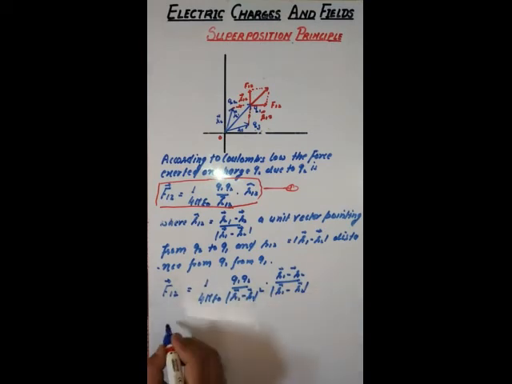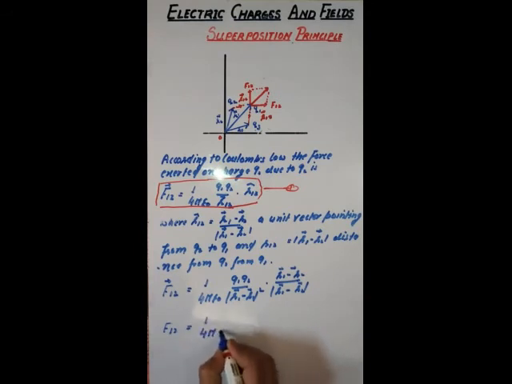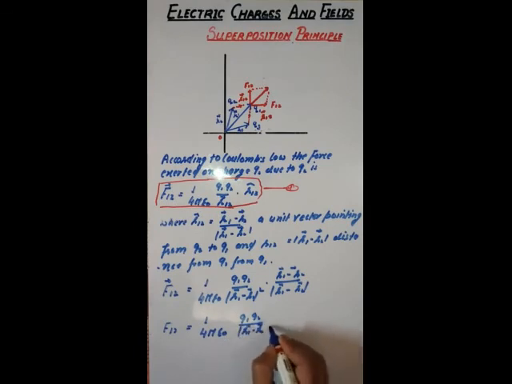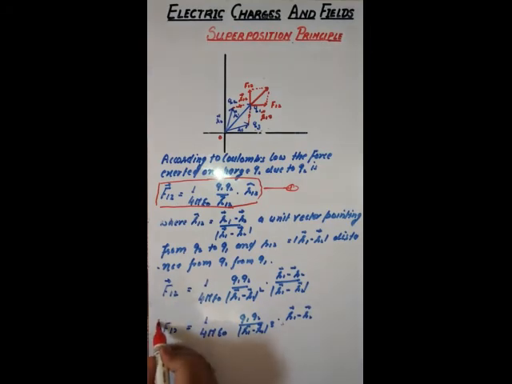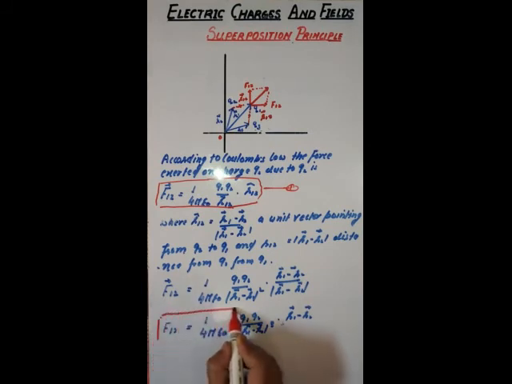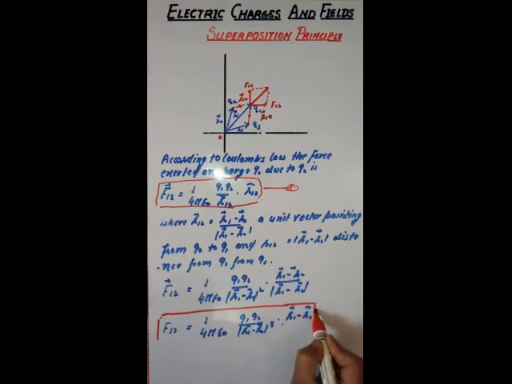When you solve this equation, you get F12 equals 1 upon 4 pi epsilon naught Q1 Q2 upon |R1 minus R2| cubed, times the vector R1 minus R2. It is again an important equation.